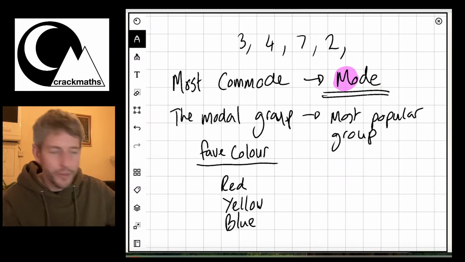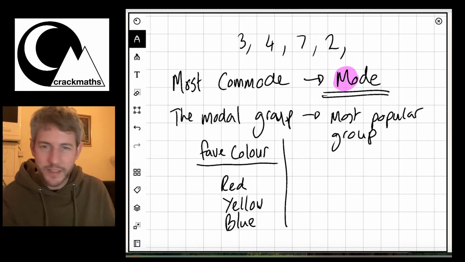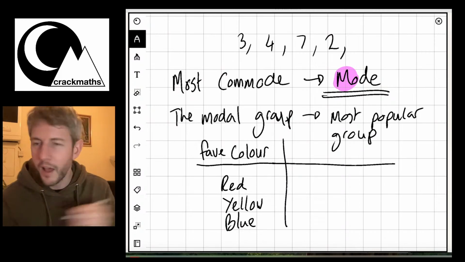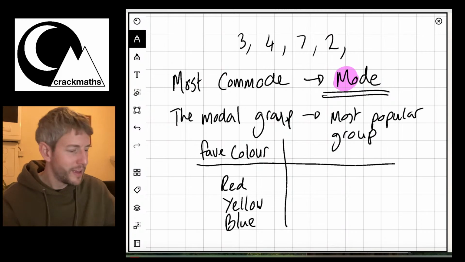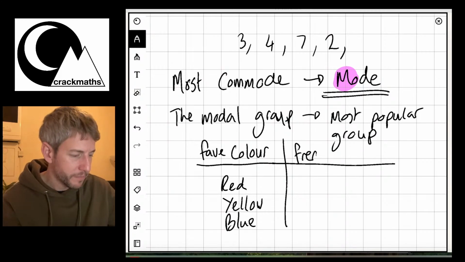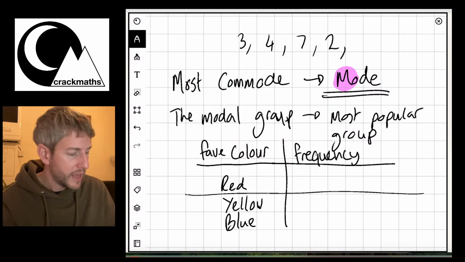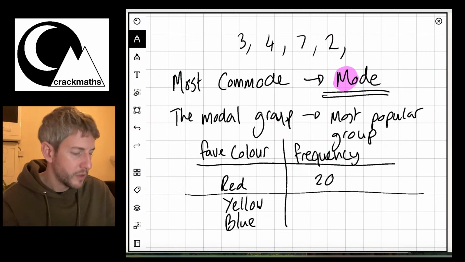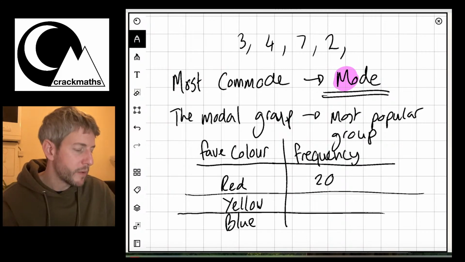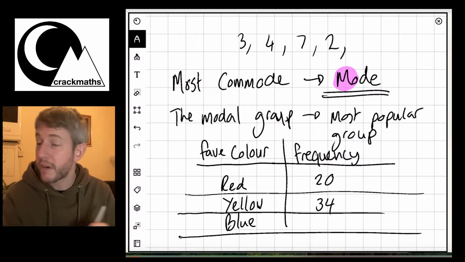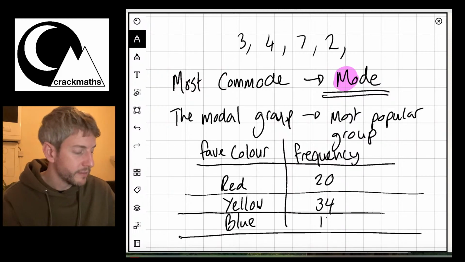We always cover the most exciting of surveys in functional skills maths. We could say here that we've got a frequency. Frequency means the number of people. The red had a frequency of 20, the yellow had a frequency of 34, and the blue had a frequency of 17.